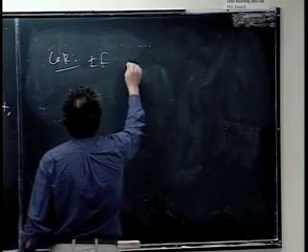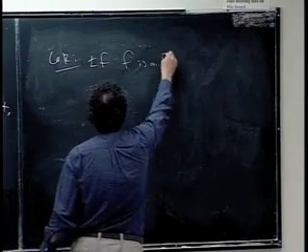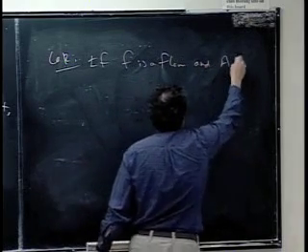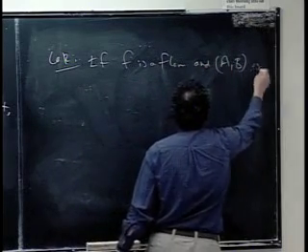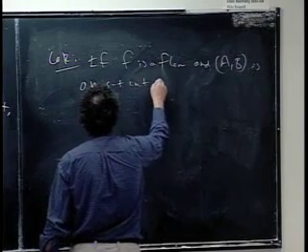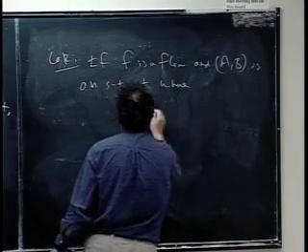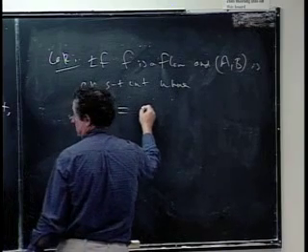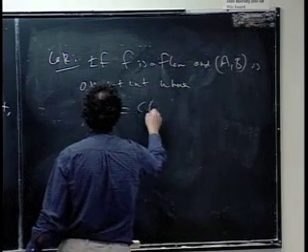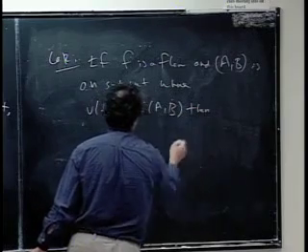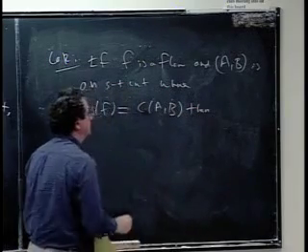If F is a flow and AB is an ST cut where VF equals CAB, then what?